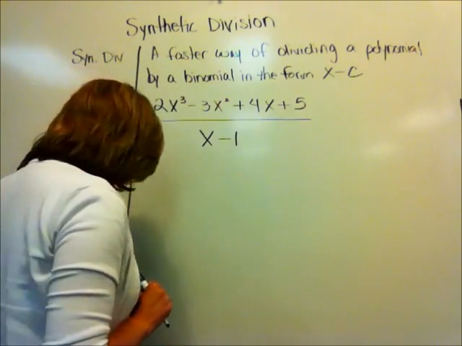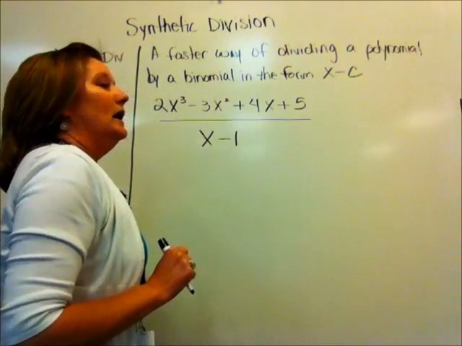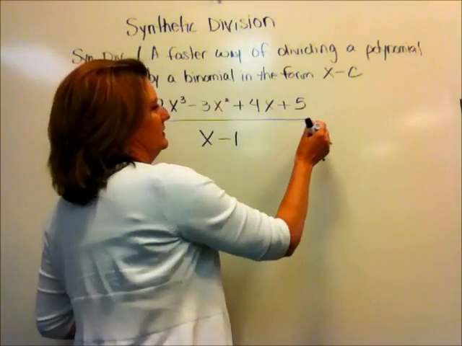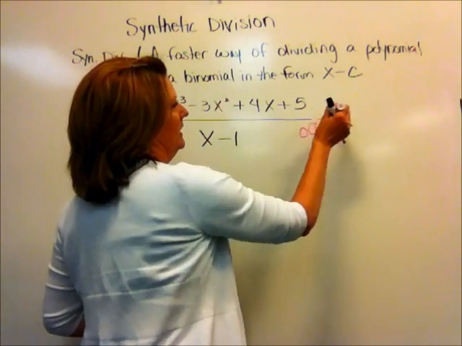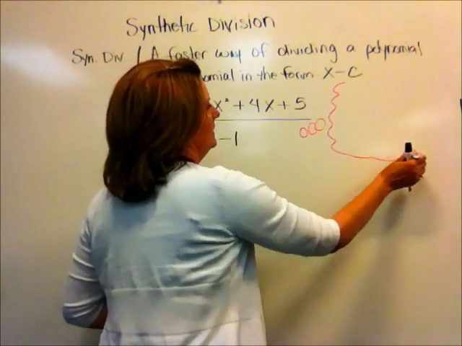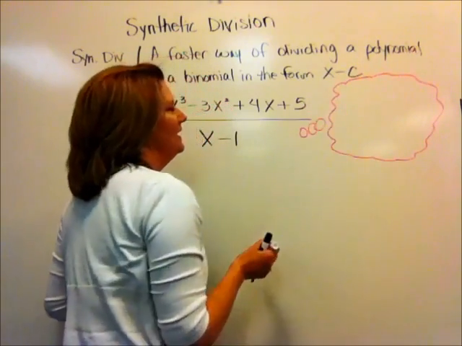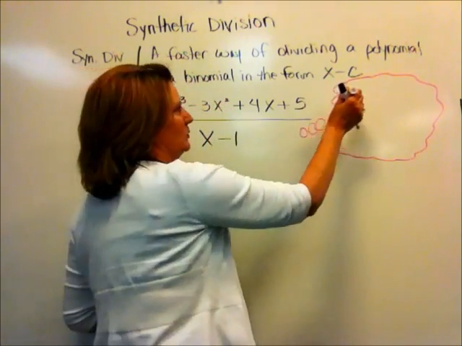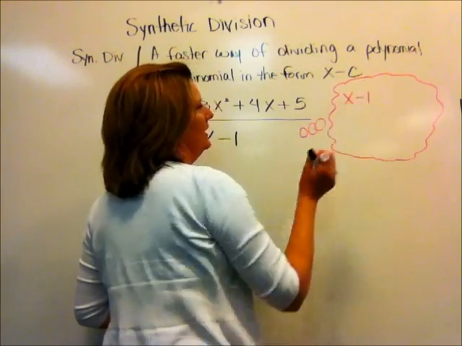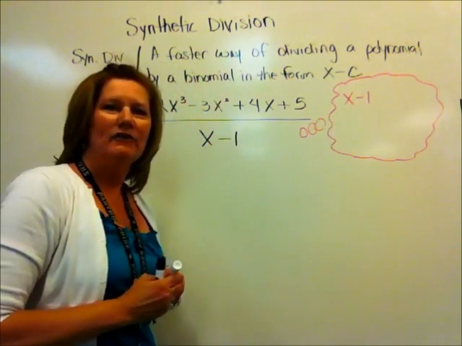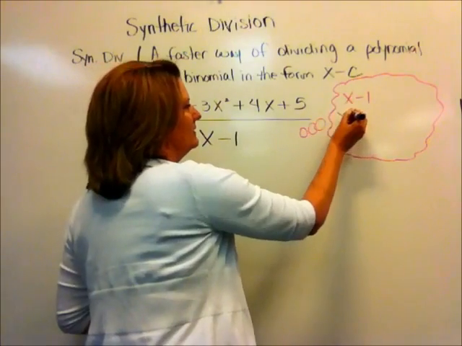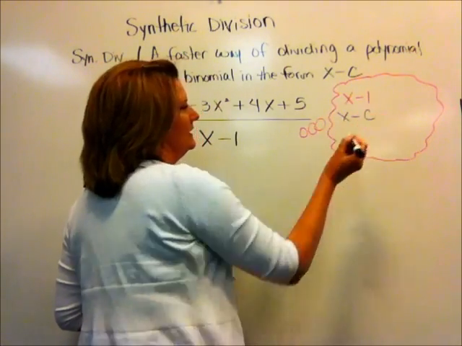Okay, so what I'm going to do is this. I am going to think about this for just a second. Here's my little thought bubble. I'm going to look at this x minus 1, and I need it to be in the form x minus c.